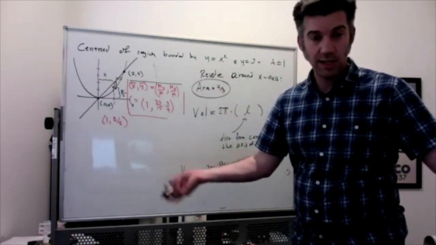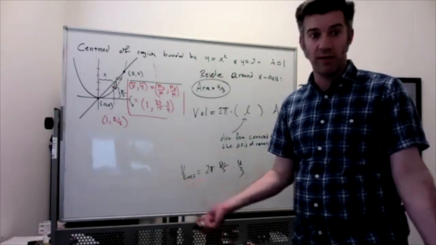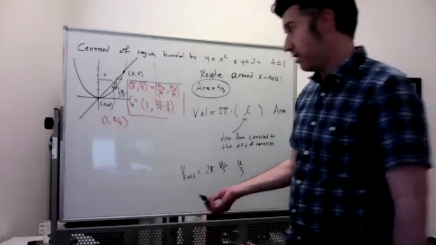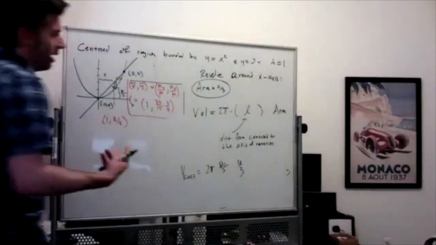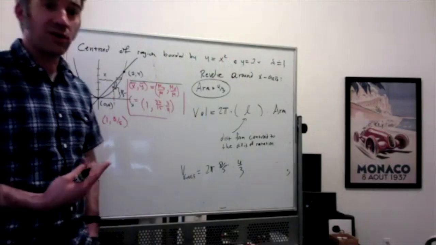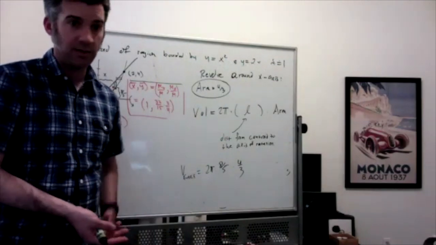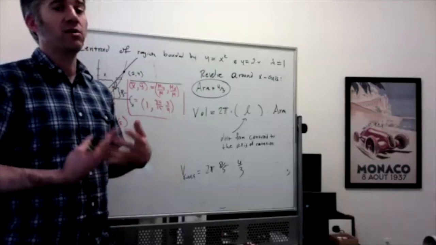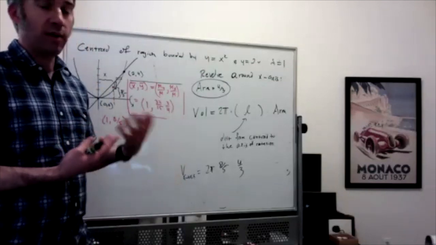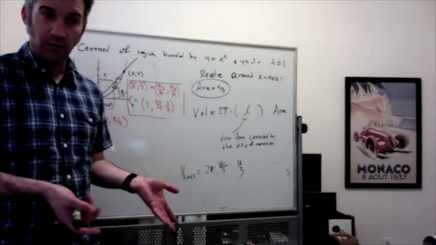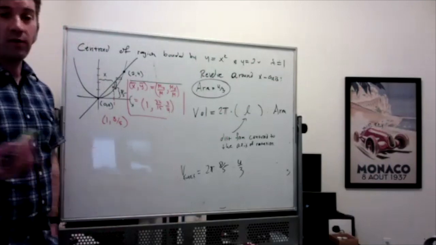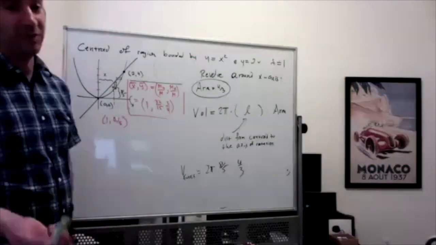Done. Instead of having to do the shell method or the washer method. So I should say, if the centroid is easy to find, or if you've already found the centroid, using Pappus's theorem is really powerful.